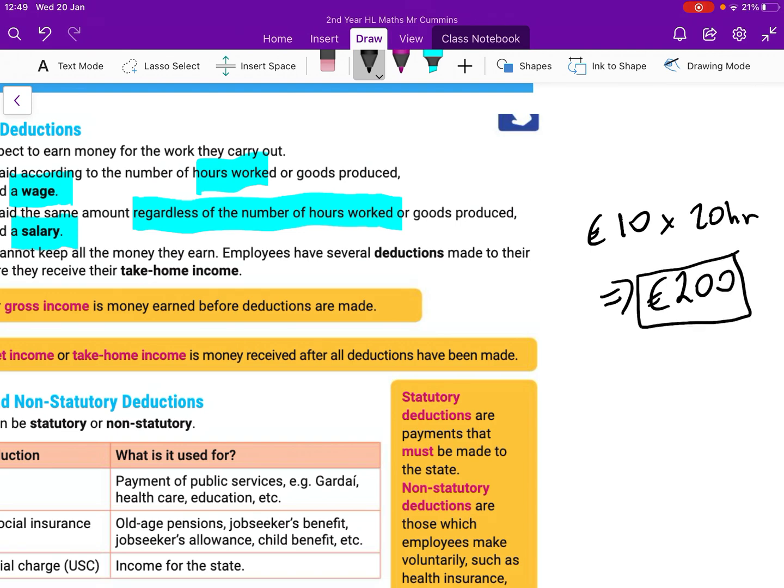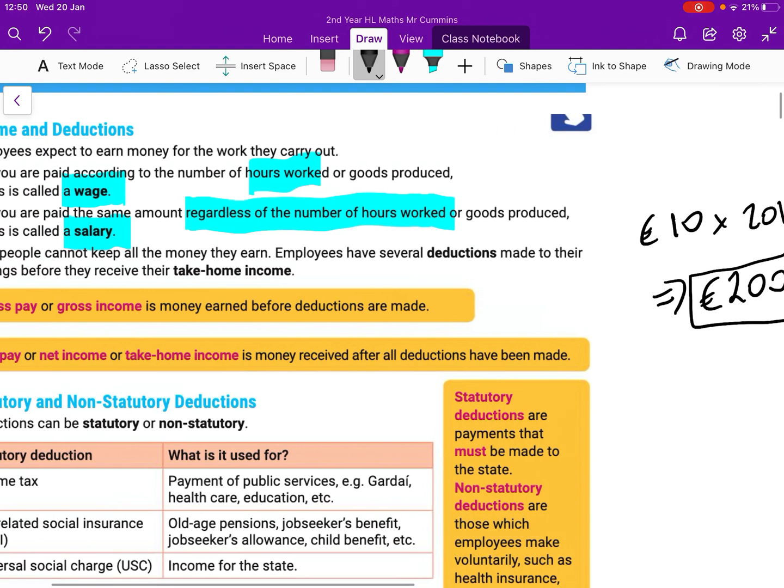That would be amazing if that was to happen. The problem is that before you get to take home that money, you have deductions, and all different sorts of deductions. And what you get to bring home after those deductions are taken out is your take-home income.